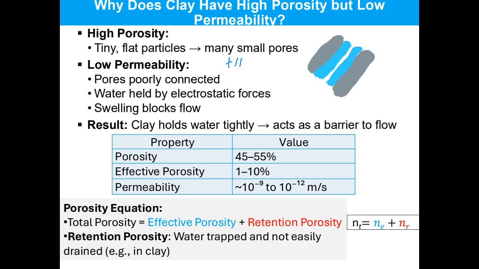And that's typical to clay. If you go back to the previous slide, you see that the porosity of clay reaches 55%. But the permeability is very low. So how come you have high porosity but low permeability?